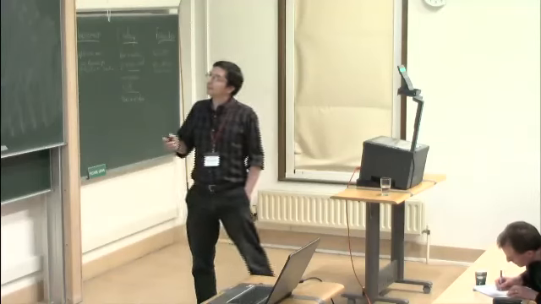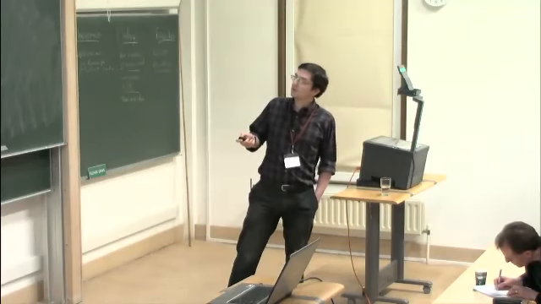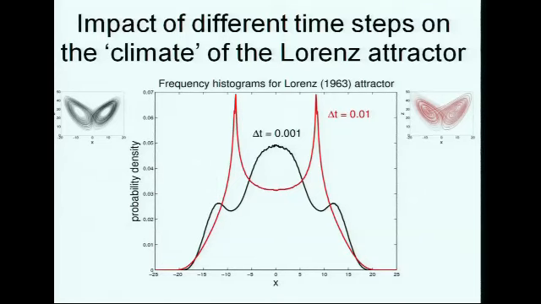Now, there's another bias, which is that the red curve is not high enough near x equals 0. So there are substantial biases in the red attractor compared to the black one, which we can take to be exact, that are there because the time step is too large. And we can understand the origins of these biases as well.